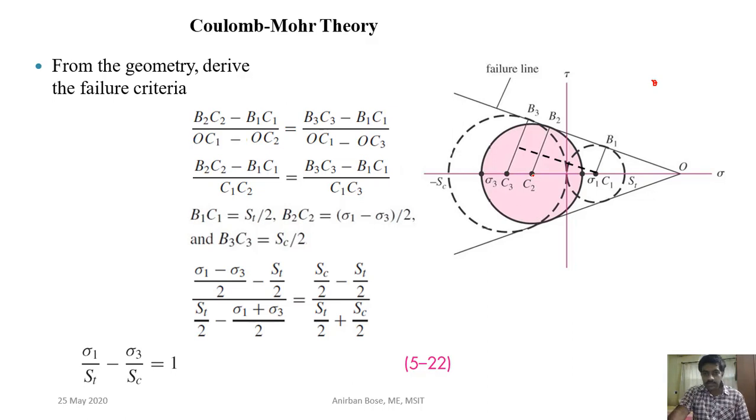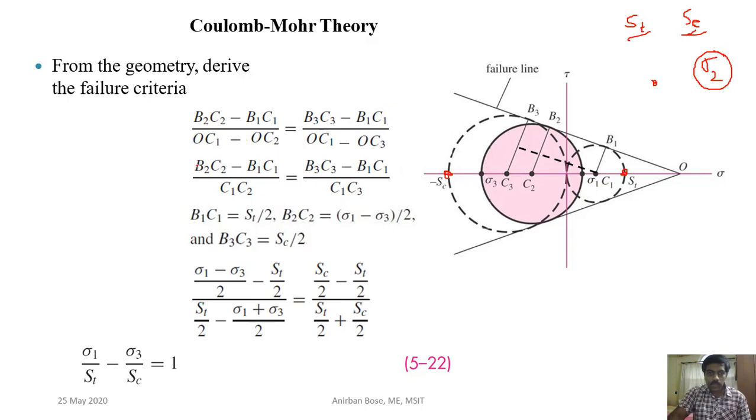You can see that this is ST, and this is minus SC. Remember, ST and SC are strength values, and these are always positive. So SC is a positive quantity, and if you write something negative, then you have to put a negative sign. But sigma 1, sigma 2, sigma 3 may be positive or negative, so we do not know which. But when we write the strength values, remember, they are always written in positive form.